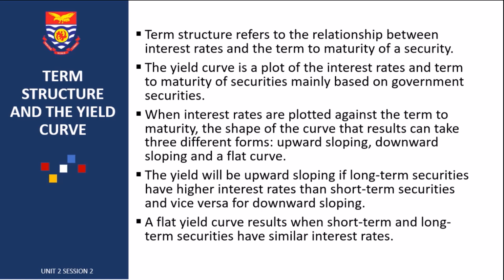That is why a higher interest rate is charged on the loan. And the short-term securities normally fall under the downward sloping curve. A flat yield curve occurs when the short-term and long-term securities have a similar interest rate.